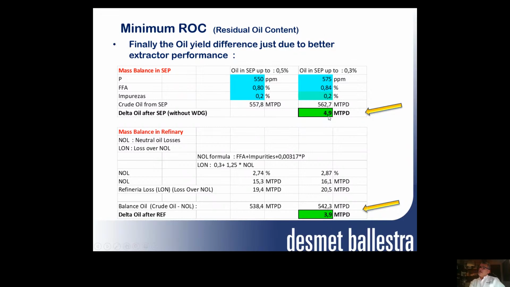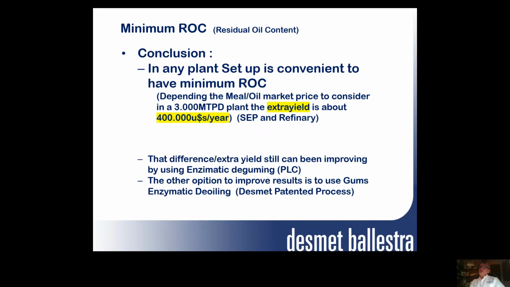It is not 5 but 4 tons per day in favor. So the conclusion is that 4 tons per day is the benefit of the lower residual oil content.